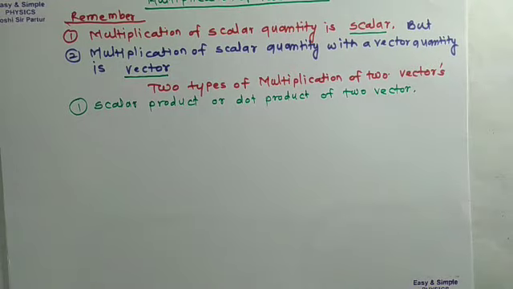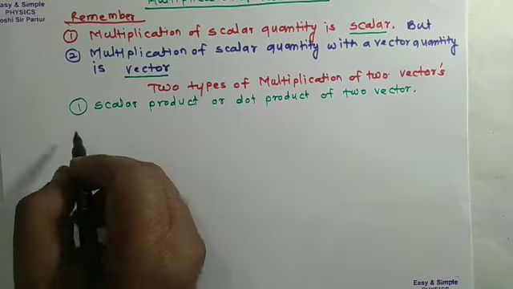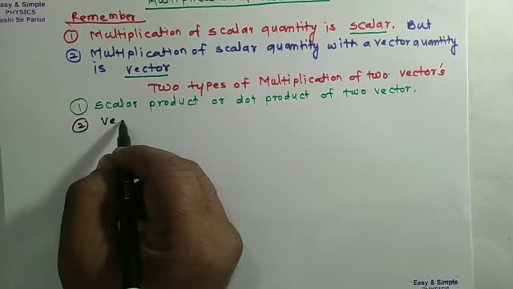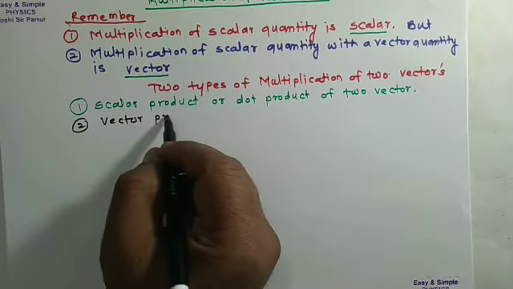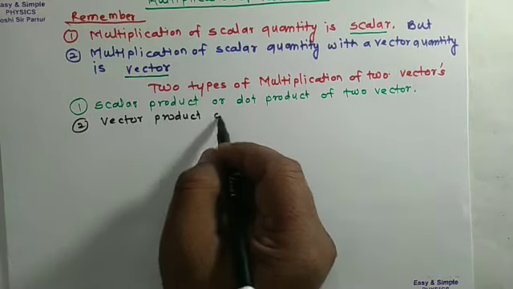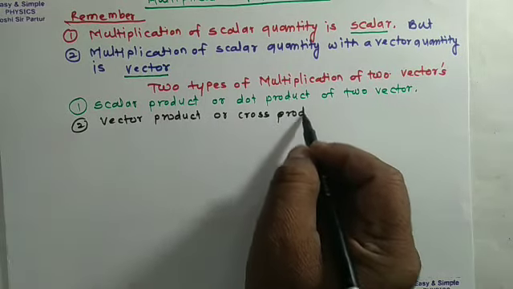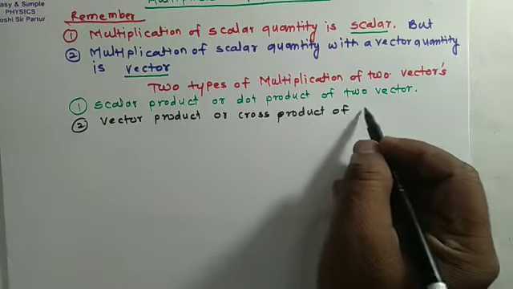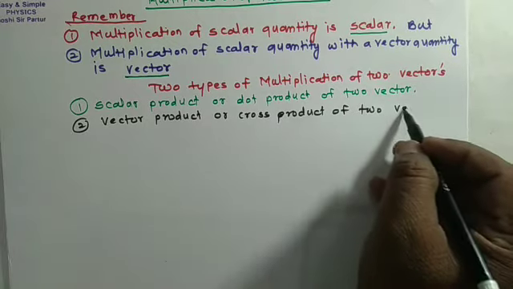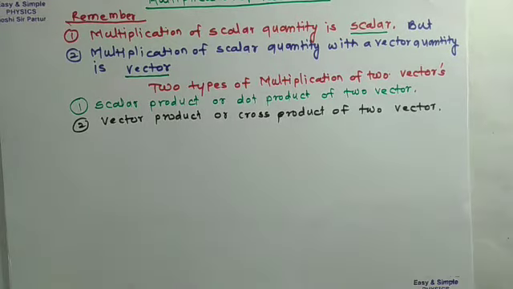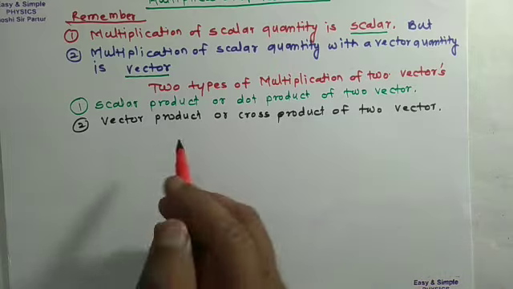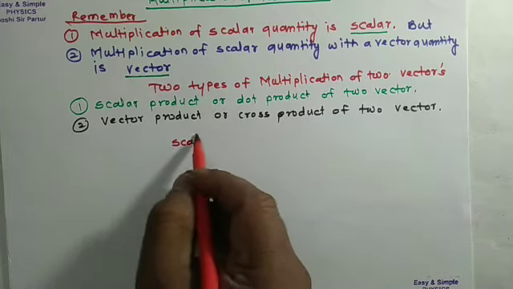And number two, vector product or cross product of two vectors. First of all, we will see the scalar product.